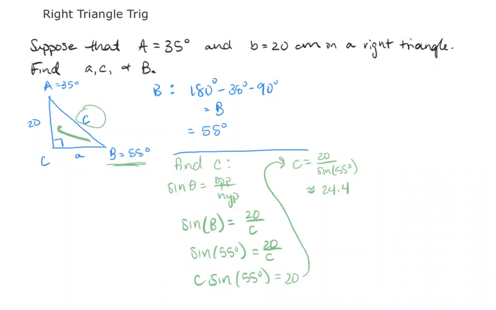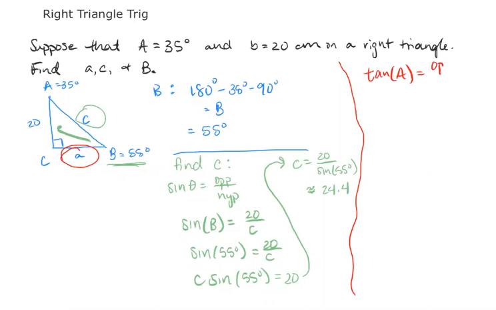And now we are going to find side A. So let's sort of draw a thing here. Okay. To get to A, we can do opposite over adjacent. That would work. That's tangent. Remember, the tangent of an angle is the TOA part.